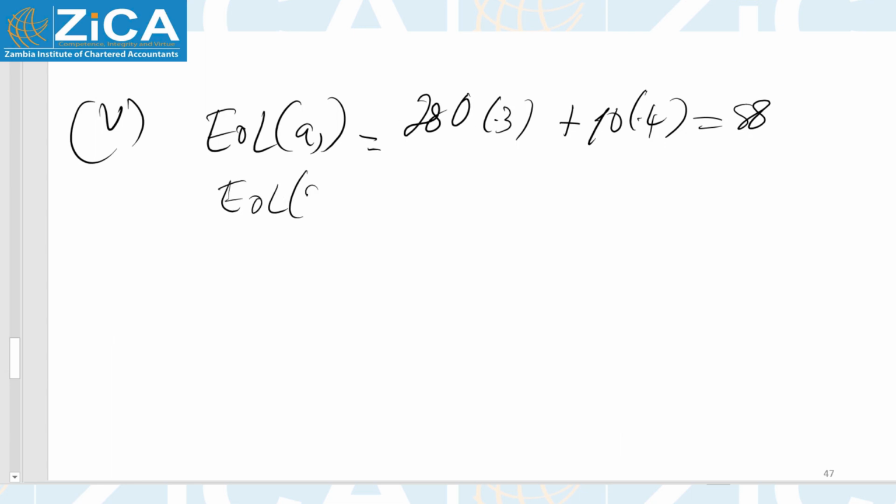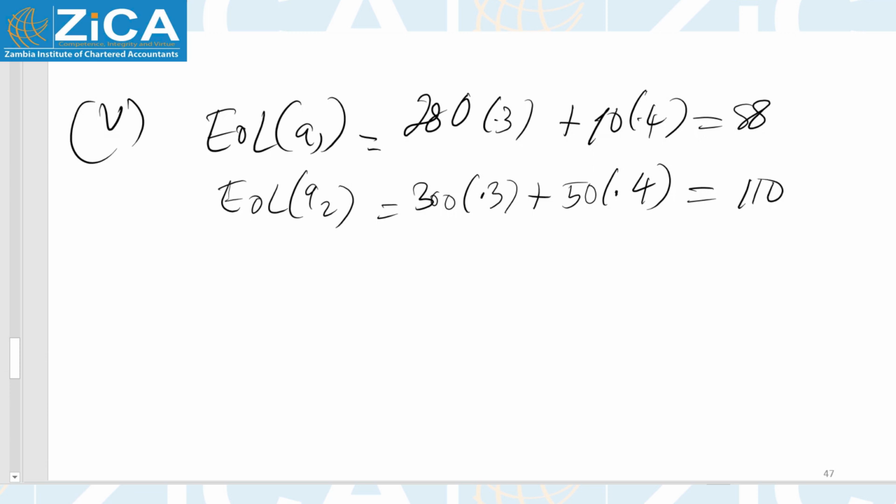Expected opportunity loss for A2: you have 300 times 0.3 plus 50 times 0.4, which is equal to 110.